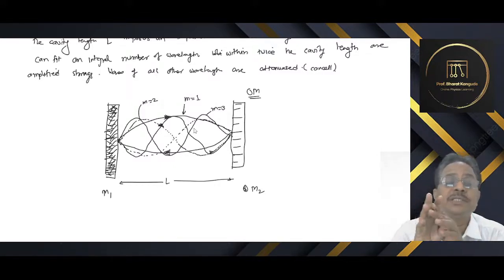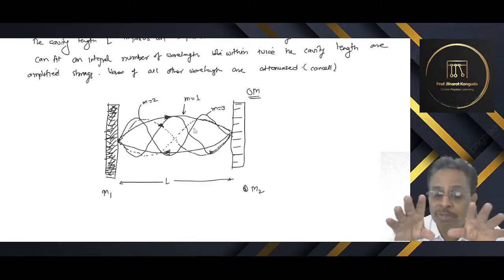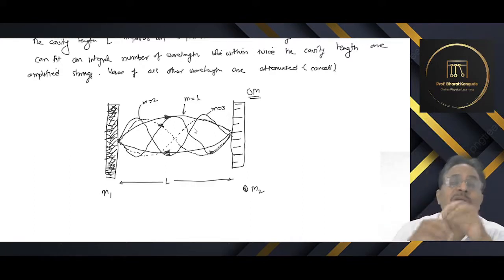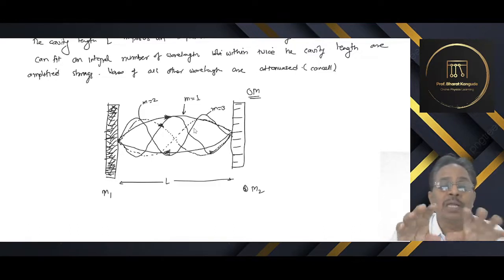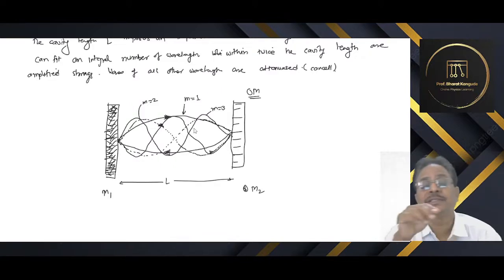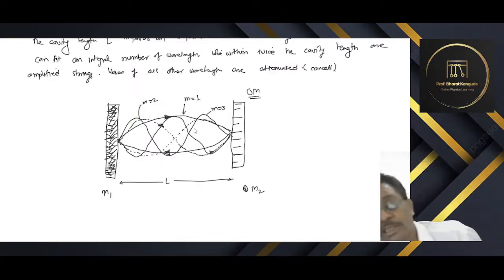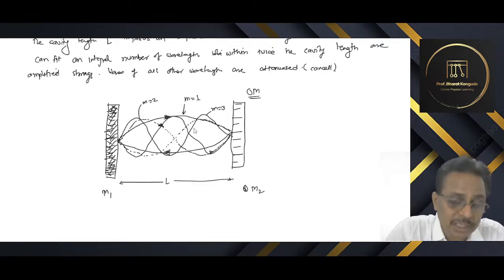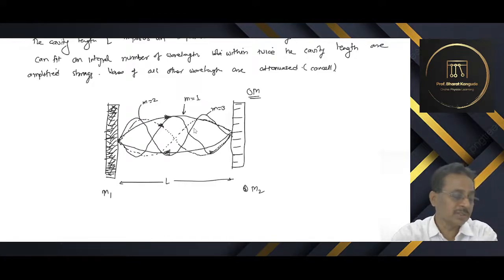Unless this condition is satisfied, these waves will have destructive interference and no lasing action will be possible, or no amplification will be there. And if this condition is satisfied by this length and the wavelength of the laser light, where lambda is the wavelength of this laser light, and this cavity length, then there is constructive interference, and that gives rise to amplification as well as steady state oscillations.